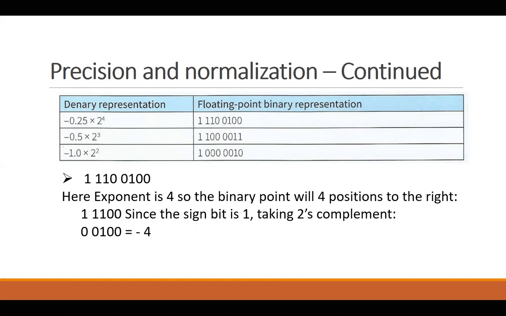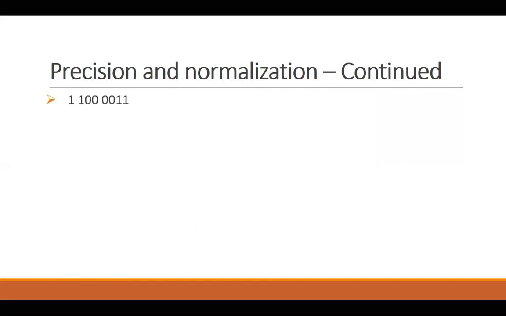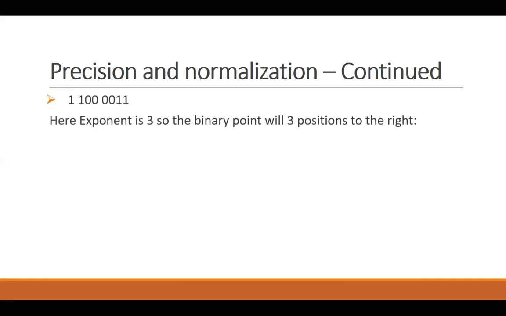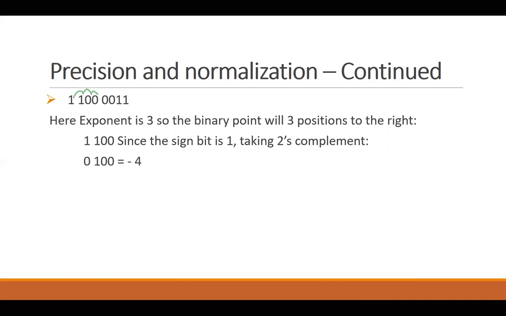Moving ahead with the second representation, which is 1100, and for the exponent it has 0011. Exponent is 3, and making 3 shifts over here, 1, 2, 3, the binary point is going to be shifted here, and again the MSB is 1, take the 2's complement, the value would be negative 4.